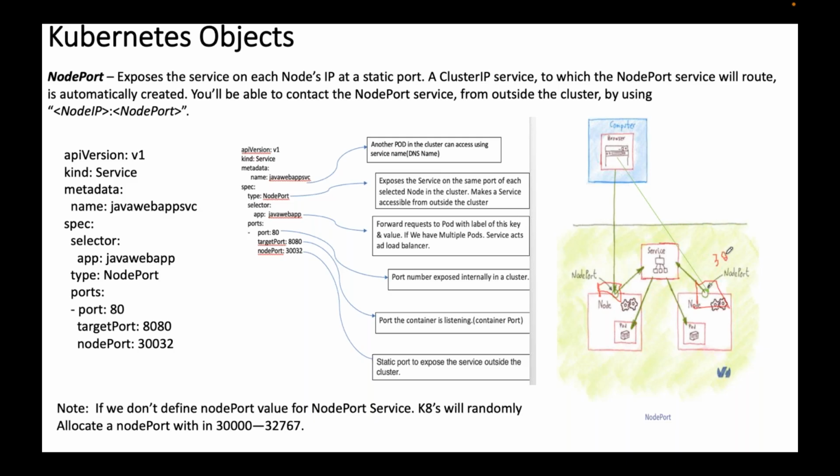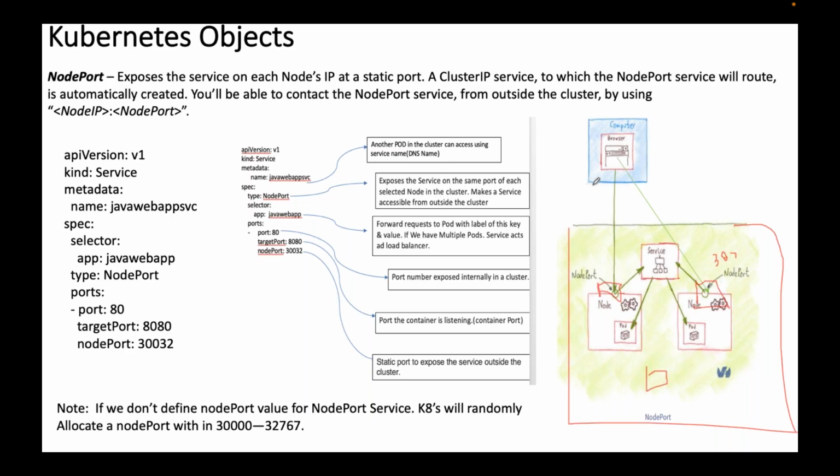Now, if I want to access from outside, can I use this server IP or this server IP or any other node IP which is part of my cluster? This is my cluster, this is one node, this is another node. Can I use any node IP, which means server IP, and this node port 30,077?